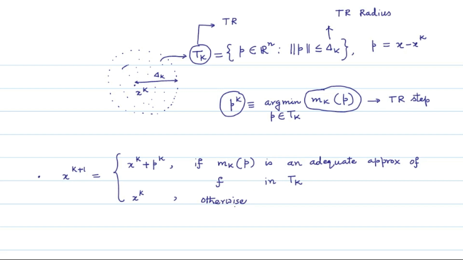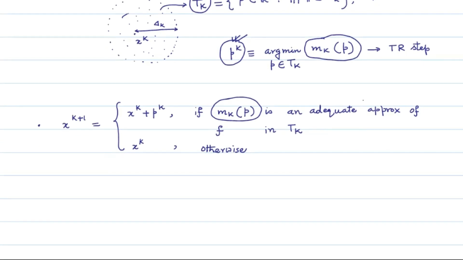Now here we notice that mk(p) is playing a crucial role in identifying the next iterate. The question comes, how do we find this mk(p)? We have considered the first assumption that the function f is twice continuously differentiable. Then we can employ the equation of Taylor's quadratic approximation around the point xk to find a good model function mk to approximate the objective function f.